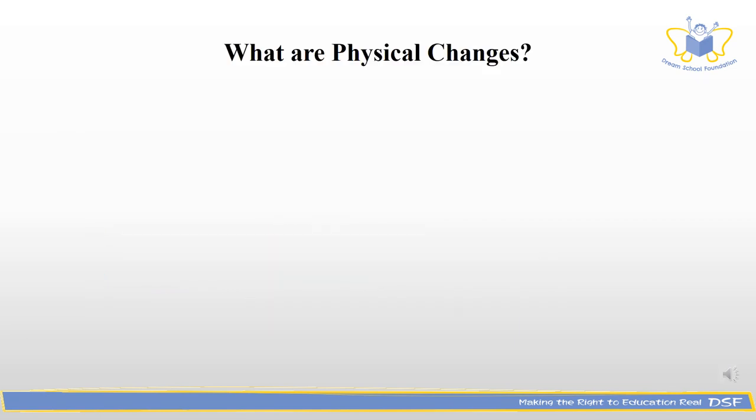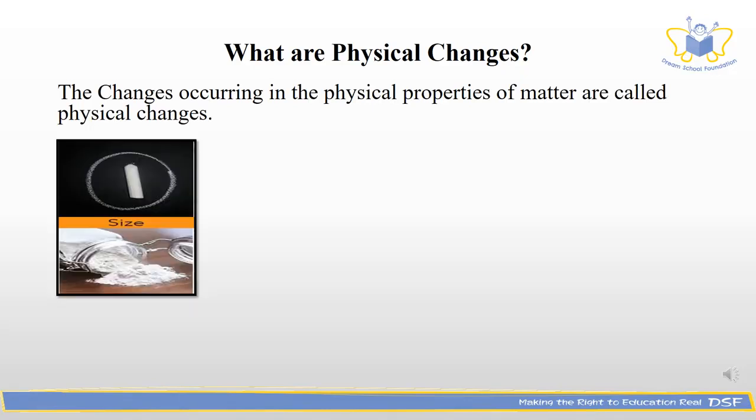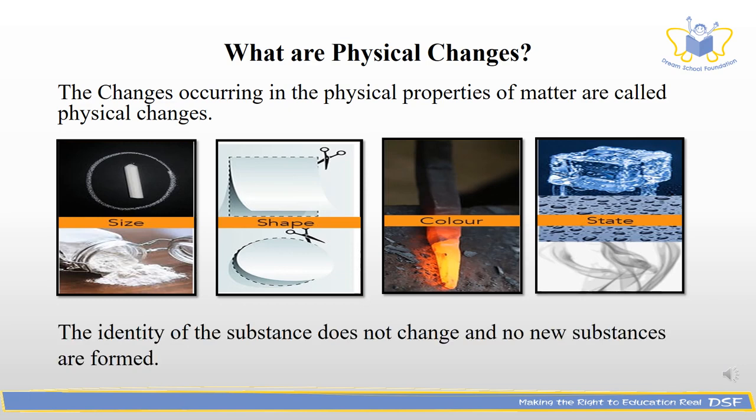What are physical changes? The changes occurring in the physical properties of matter, which is size, shape, color, state, are called physical changes. Here, the identity of the substance does not change and no new substances are formed.